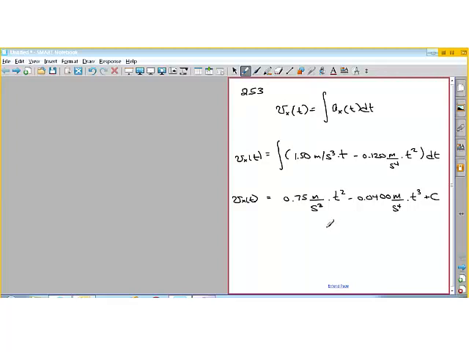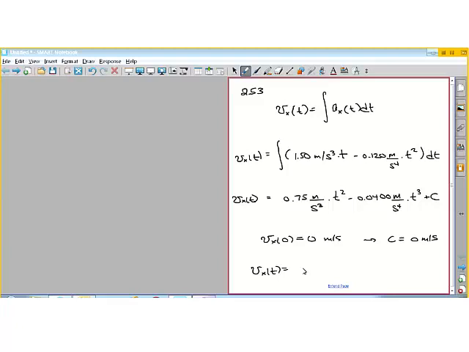And using the initial condition that the x component of the velocity at t equals 0 is 0 meters per second, that tells us that c equals 0 meters per second, because you stick t equals 0 in here, so you get 0 plus c is equal to 0, therefore c is equal to 0.